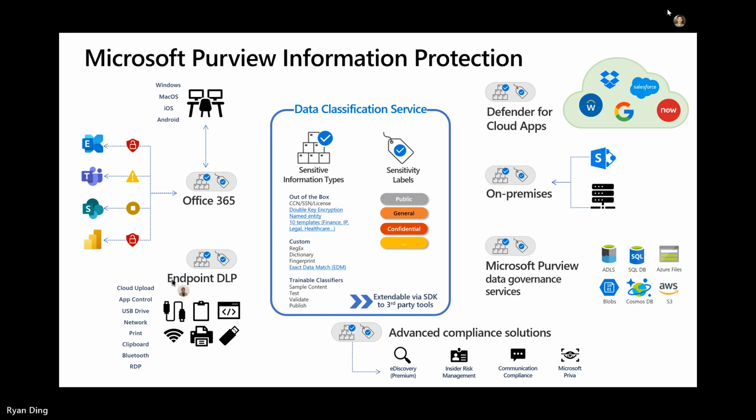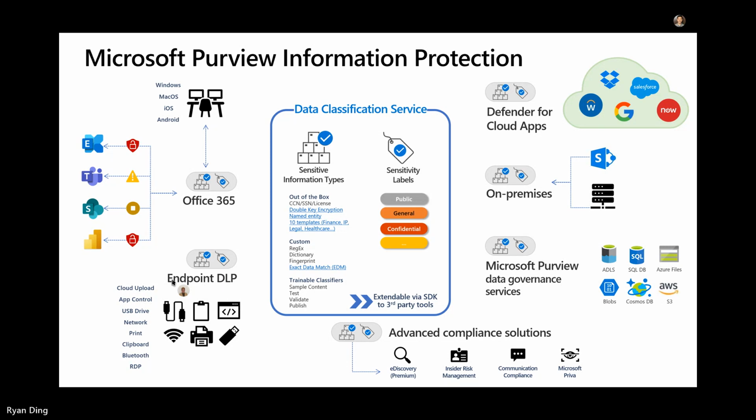Thank you, Ryan. I appreciate you taking us through how our customers can get started with information protection by labeling their cloud and on-prem data. This brings us to the conclusion of our webinar today. As I alluded to earlier, data classification is only a small component of our comprehensive Purview solution.